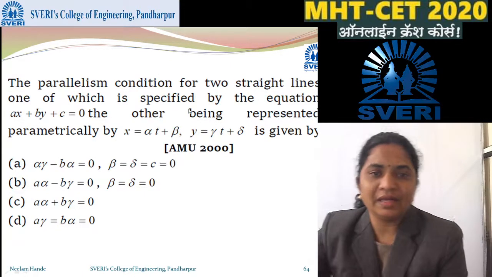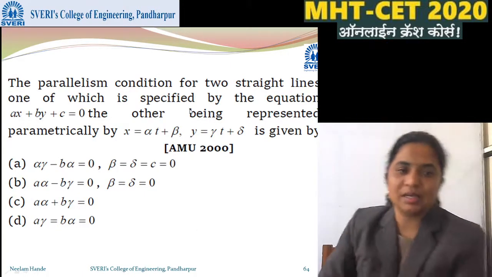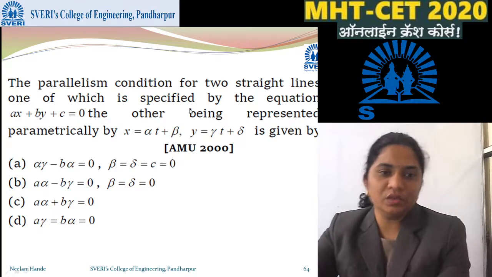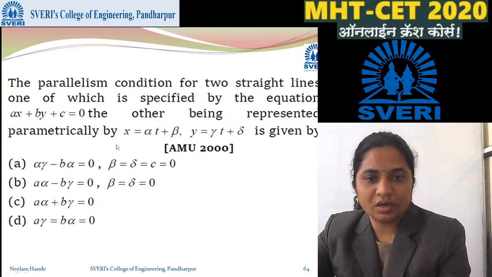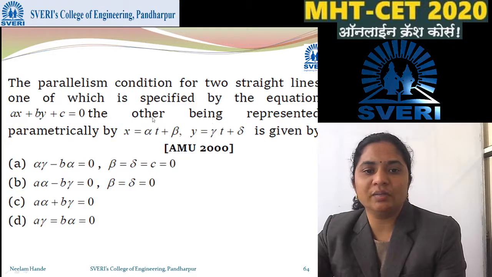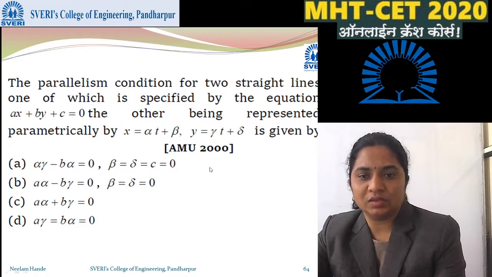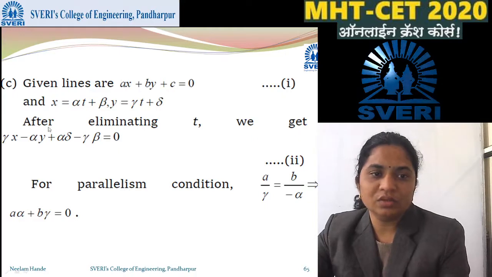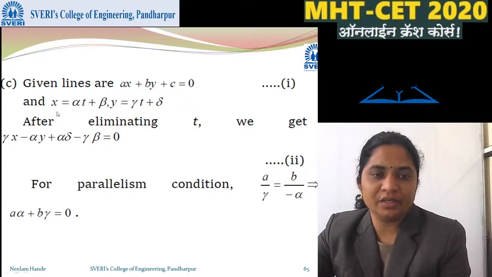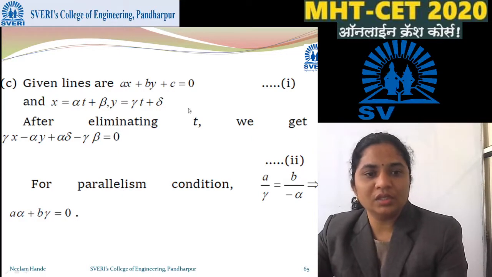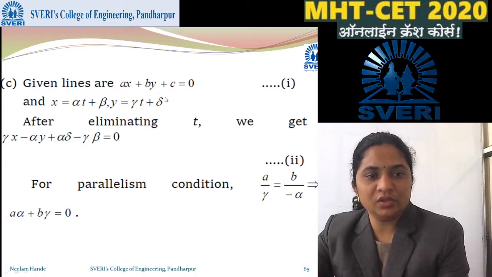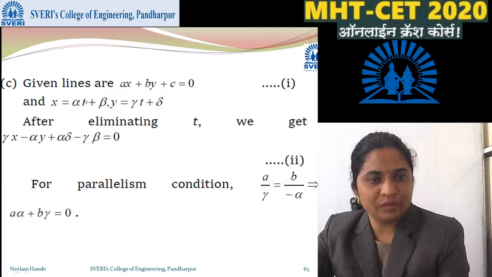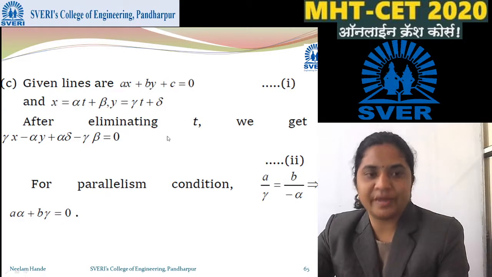Next question, the parallelism condition for the two straight lines, one of which is specified by this equation, and the other being represented parametrically by x and y, is given by. So the first line we know, the second is parameterized by these two. So after eliminating t from these two equations, we multiply this by gamma and this by alpha and subtract.